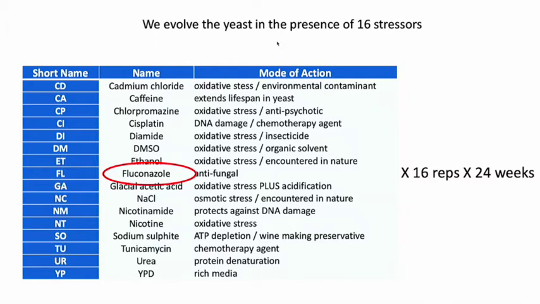For each selection regime, we have 16 replicate populations we're going to carry through that, and we managed to carry this whole experiment through 24 weeks, which is kind of hard, actually, because there's 384 total samples we're carrying.